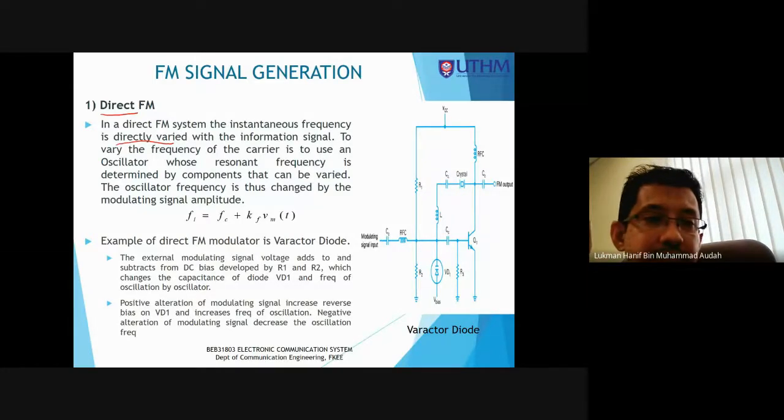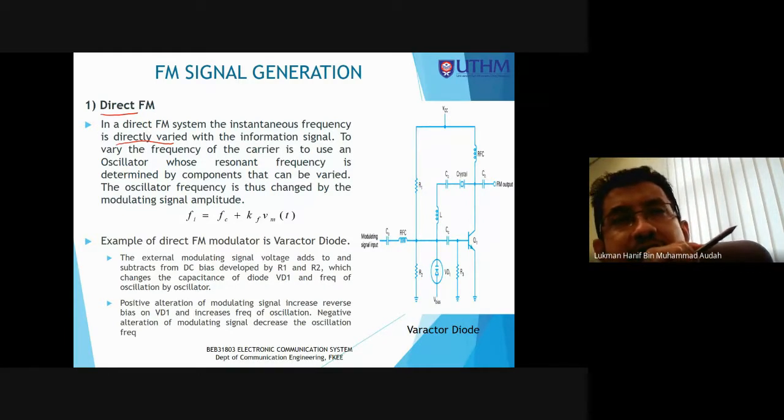Okay, so that means we directly vary the frequency of the carrier in accordance with the amplitude variation of the input. Okay, maksudnya apa? Kalau direct FM bermakna dia adalah indirect PM. Bermakna kita juga menukar fasa secara tidak langsung. But remember, as I told you before, that frequency and phase are related to each other.